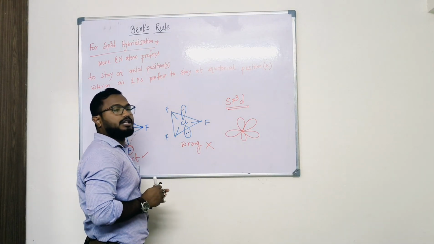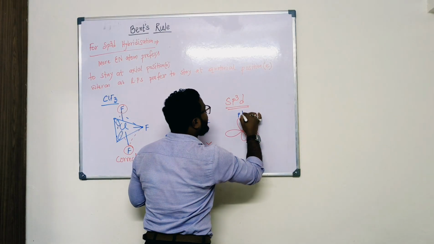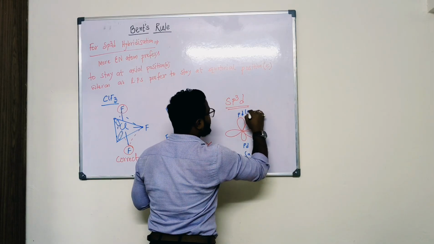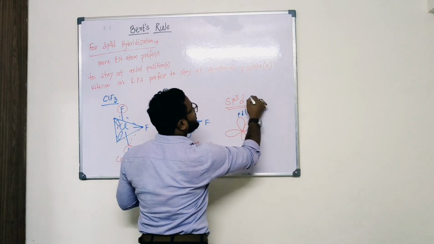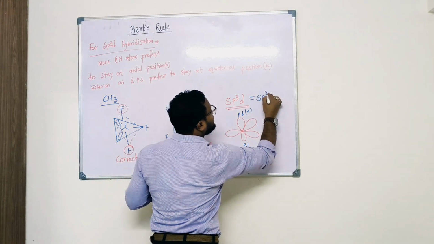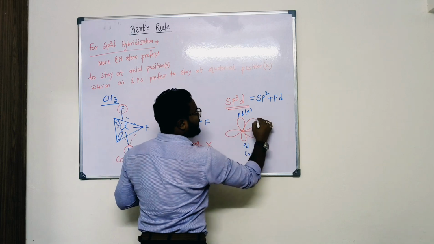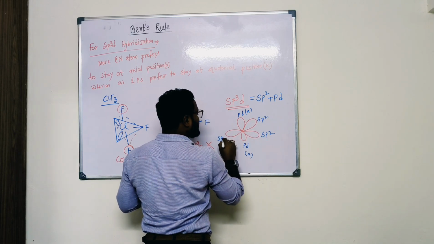This is the sp3d representation. In this case, this is pd and this is pd. These are axial positions. These three are equatorial positions. This is equal to sp2 plus pd. These are 2 pd and this is sp2, this is sp2, this is sp2.